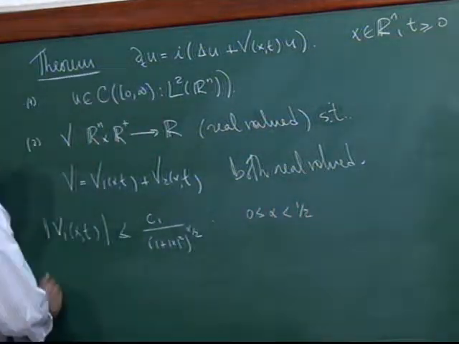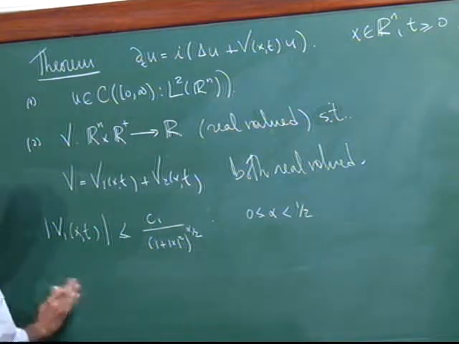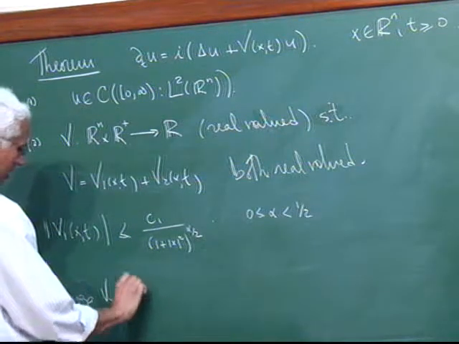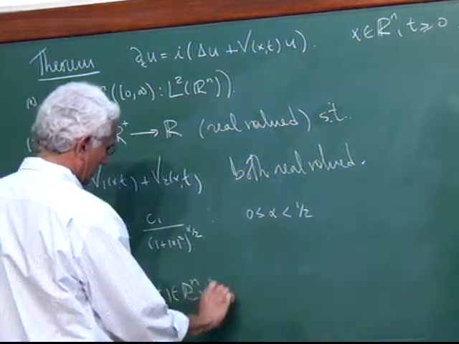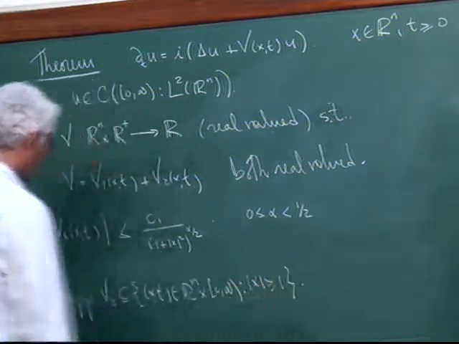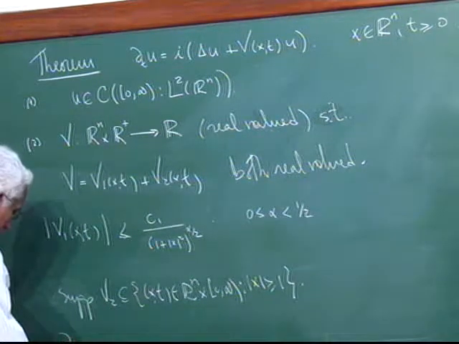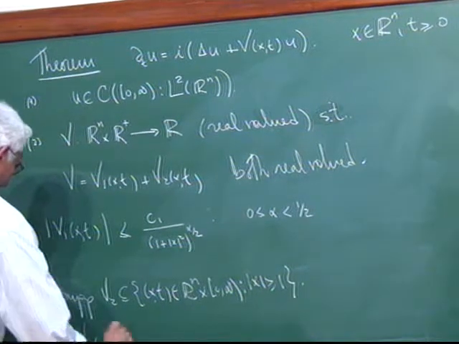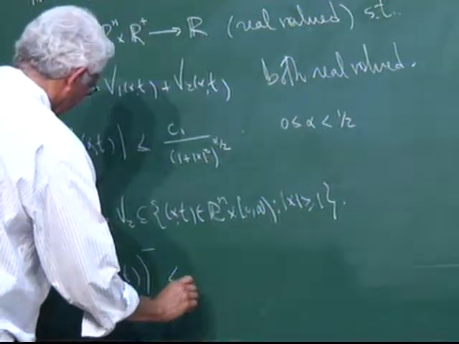And the second piece satisfies that the support of B2 is contained in the set where you are outside the unit ball, and the negative part of the radial derivative of this is less than some constant C2.